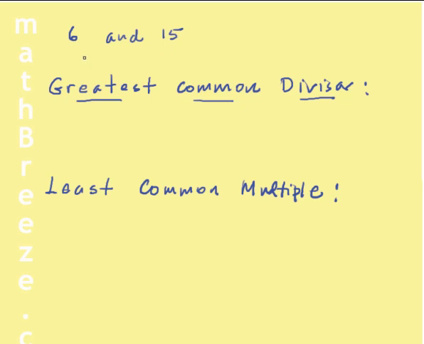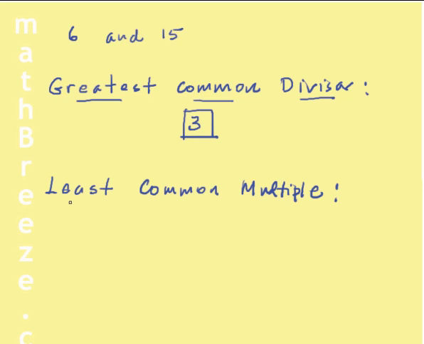So let's just think about numbers that divide 6 and 15, like let's say 3 divides 6, and 3 also divides 15. 2 divides 6, 2 does not divide 15. 6 divides into 6, but does not divide into 15. So the largest number that divides both 6 and 15 is 3, and that's the greatest common divisor.